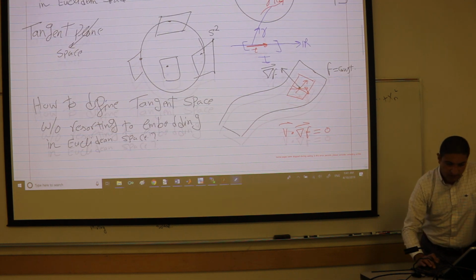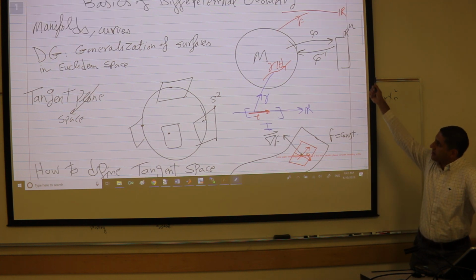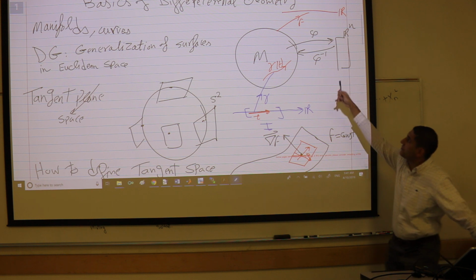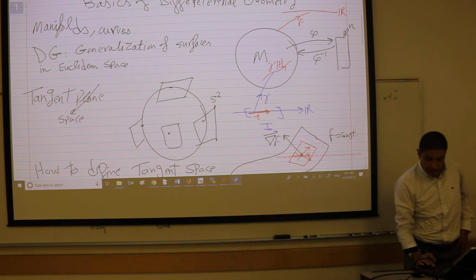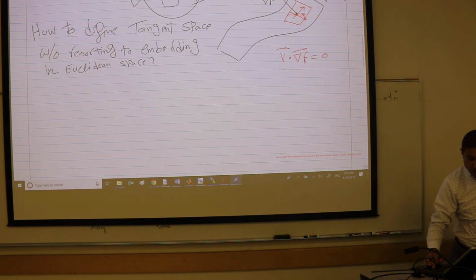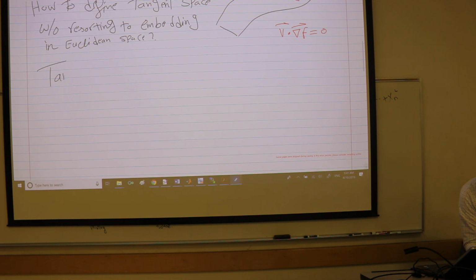So let's see, what have we been doing so far? We defined the manifold, its flattening ability, we can map it into coordinates, we define differentiable functions, we define differentiable curves. So actually curves is a good way. Why? Because we can define the tangent space of P in M, tangent space of the manifold at some point.